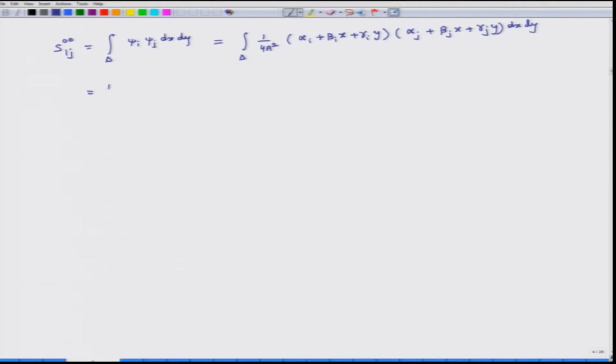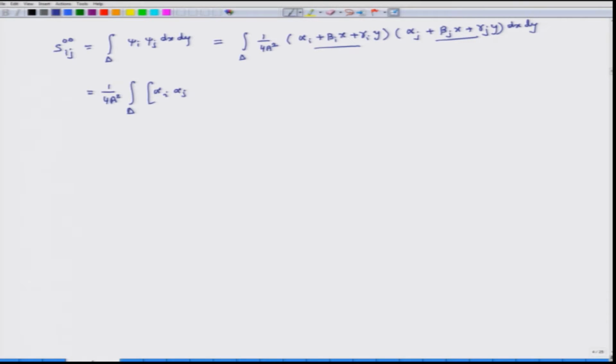So, this is equal to 1 over 4A square, and this is having 3 terms, this is having 3 terms, so I will get a long set of 9 different terms. I am going to write down those. First, the term is alpha I times alpha j, that is a constant.